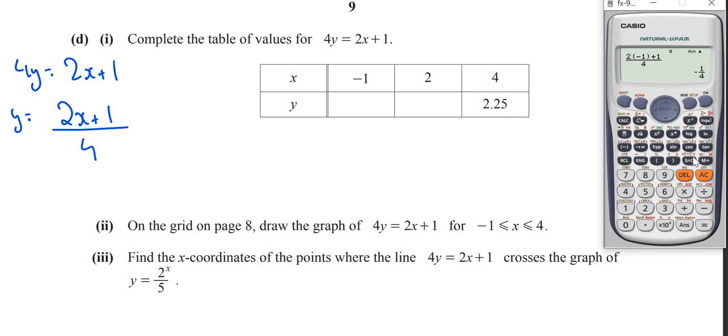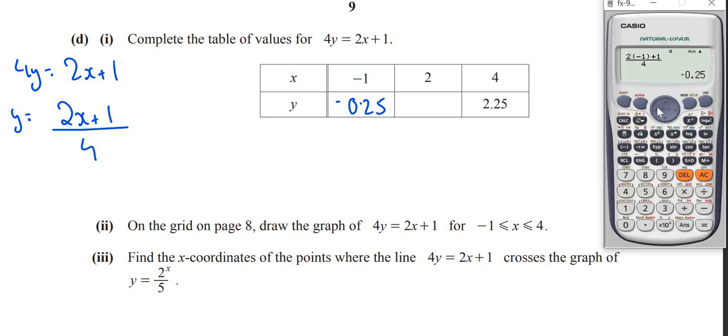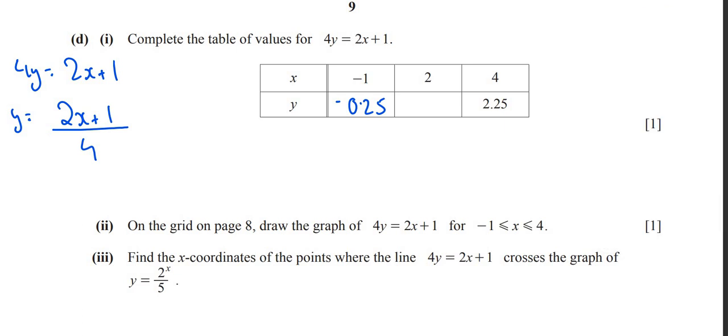So it's negative 0.25. Then the second one is 2. It's 1.25. So I just made the graph.